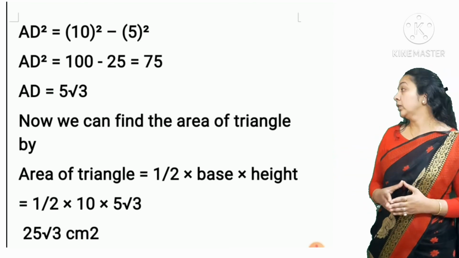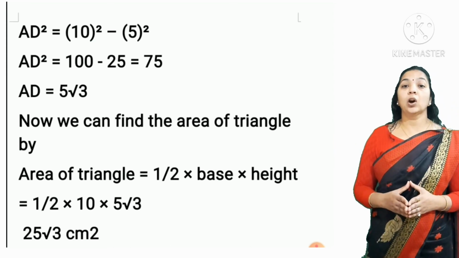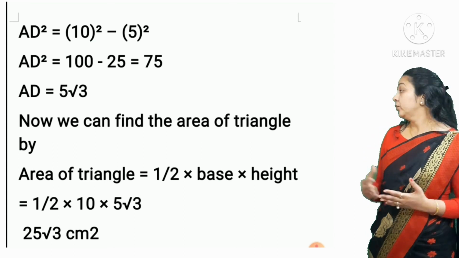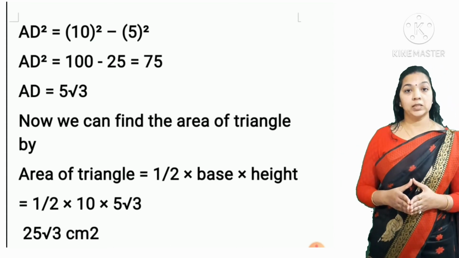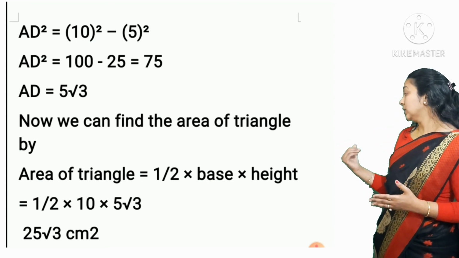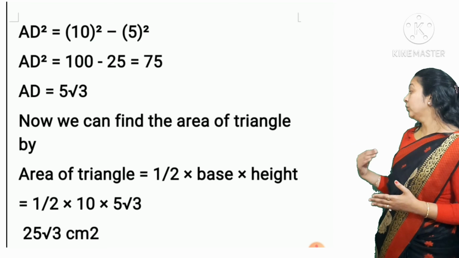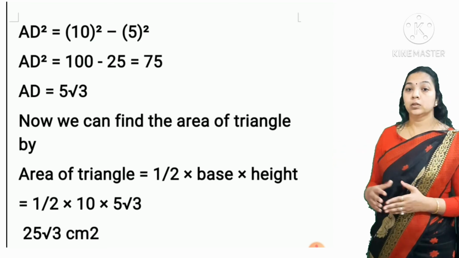So AD would be equal to 5 under root 3. Now we can find the area of the triangle using the general formula, that is half of base into altitude. So half into base, that is 10 centimeter, into height, which is 5 root 3. So the area is 25 root 3.